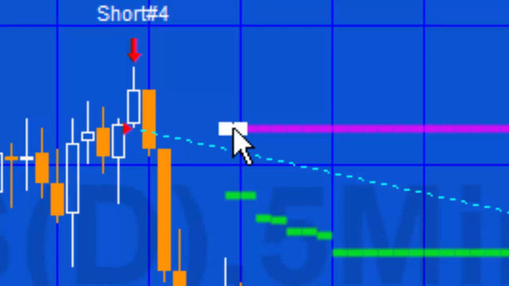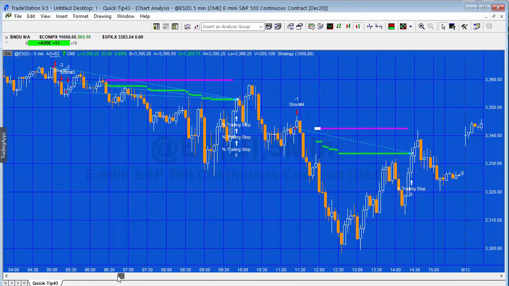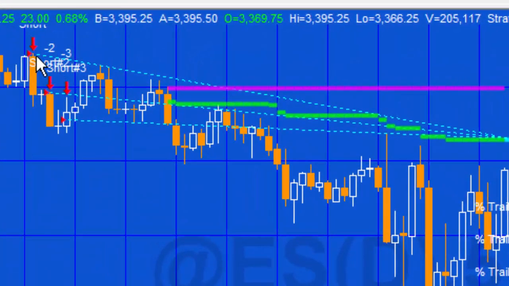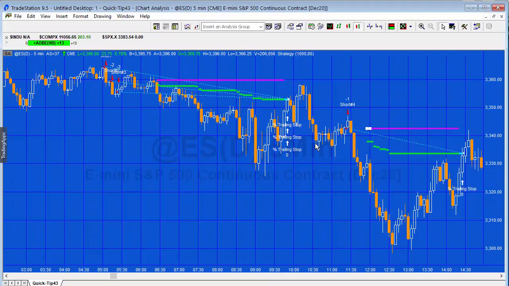You could comment that out if you like in the program, but you can see that that corresponds to the actual entry. Whereas if we had a pyramiding situation, you'll see that that is some function of these three different prices. You'll also notice this only starts at a certain level. That is because we're looking for a certain base amount of profit to be reached before we begin the trail.